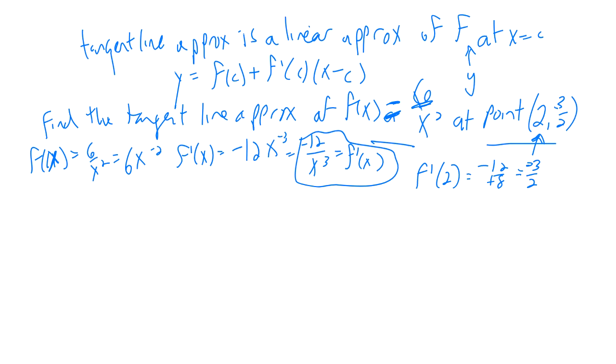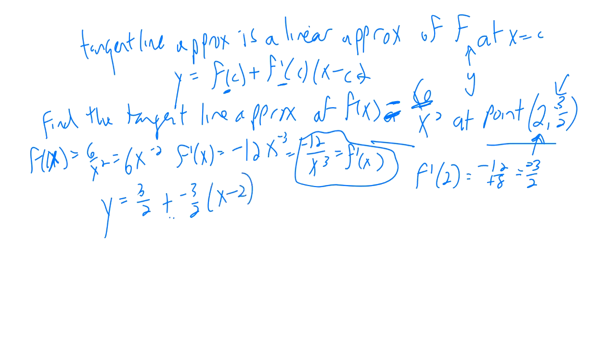So we have our f prime of 2, which is going to go here. We have our f of c, which is the 3/2 that came with our original point. We have our value of c, which is 2. So our tangent line approximation would be 3/2, that's f of 2, minus 3/2, and I'll write it that way, you could put the minus here instead, times x minus 2.